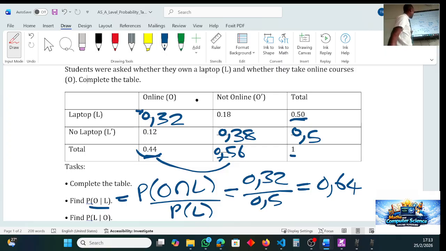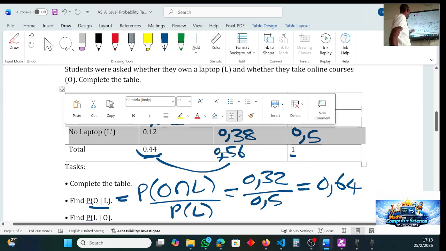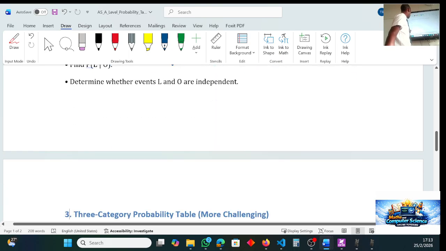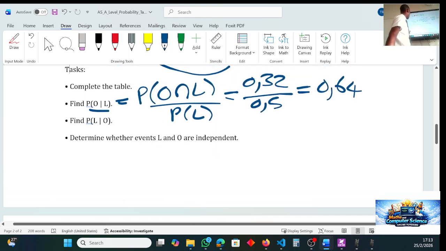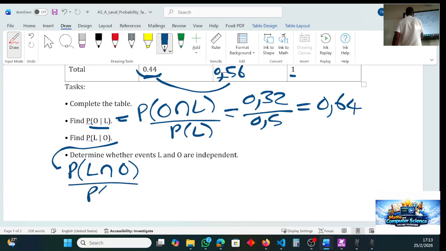Then the next problem: we're interested in the probability of event L given O. That is the probability of L intersection O over the probability of O. L intersection O and O intersection L are one and the same, so that will be 0.32.